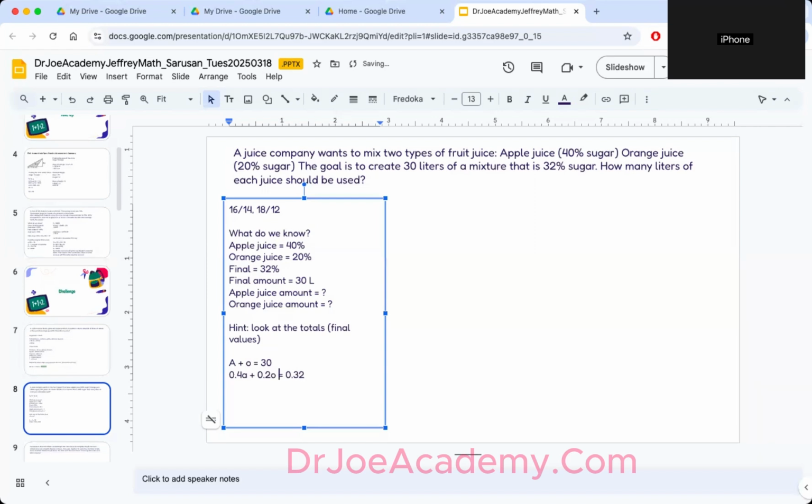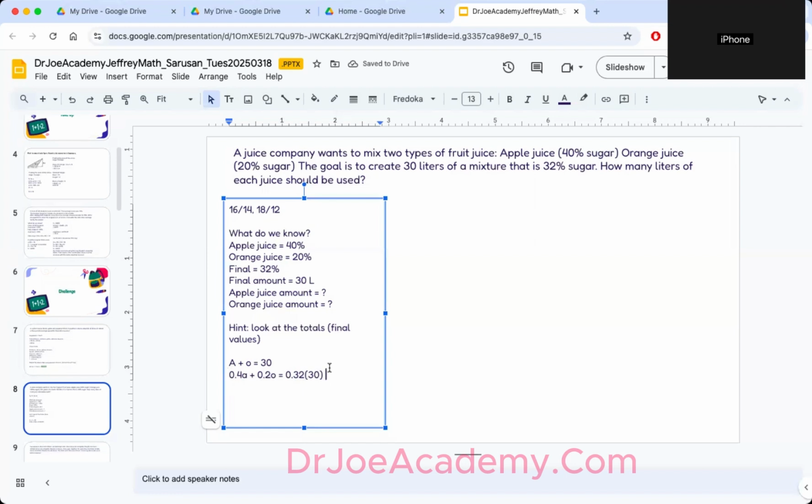I am missing one thing. This should have another value. So we have our percentage times our amount, right? We have our percentage of 40% times our apple juice amount. We're missing our amount. I forgot to put 30. 30 liters is our final amount.